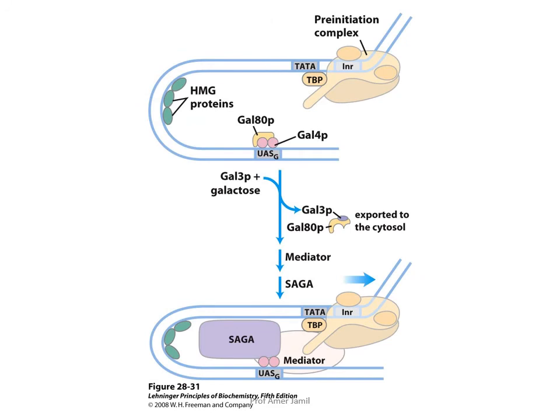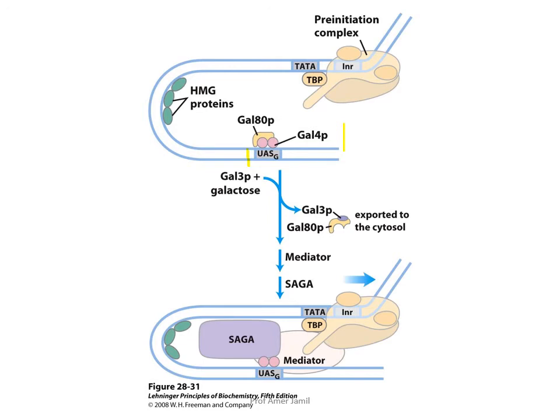Here is one example in case of eukaryotes, from yeast, from the galactose metabolism. For galactose metabolism, this is the upstream activator sequence, which can be bound by Gal4p, which is an activator.